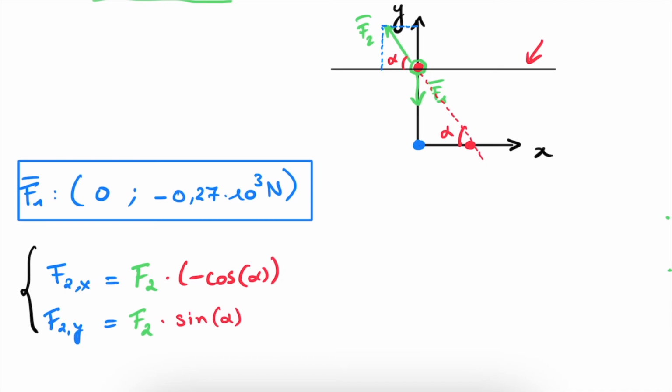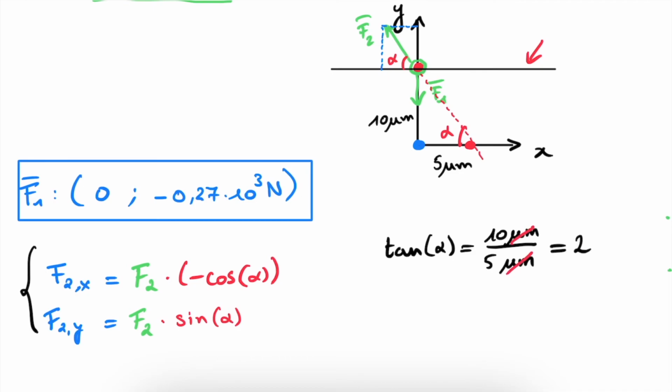And together with the fact that we know that this distance is 5 micrometers and this distance is 10 micrometers, we can use a very simple goniometric relation, namely that for this triangle, the tangent of alpha is equal to 10 micrometer divided by 5 micrometer. And because these two units cancel out, we see that this simply becomes equal to 2.